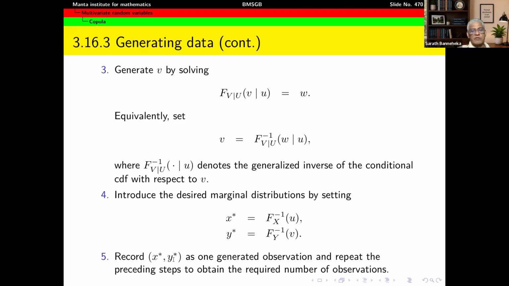So record X star, Y star as one generated observation and repeat the same thing again and again to generate more pairs of X star, Y star.